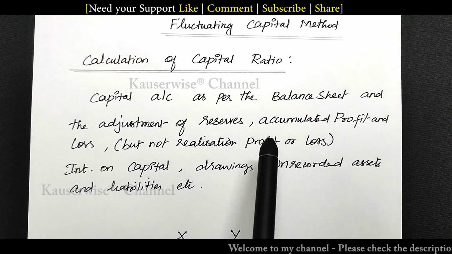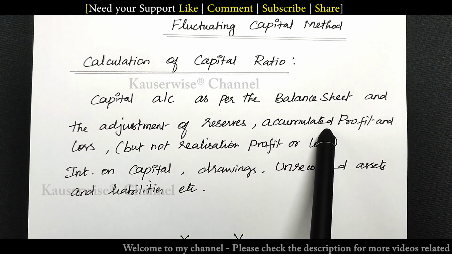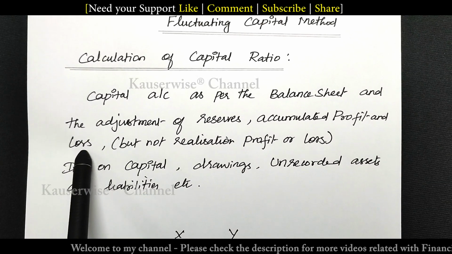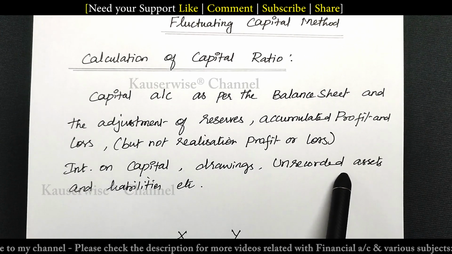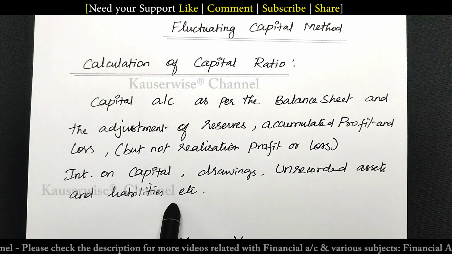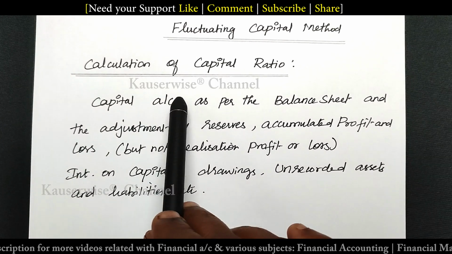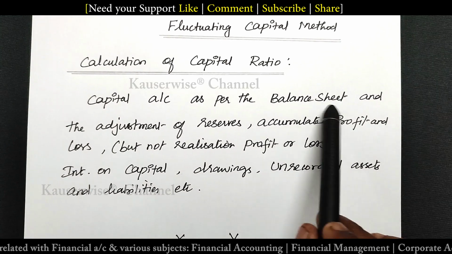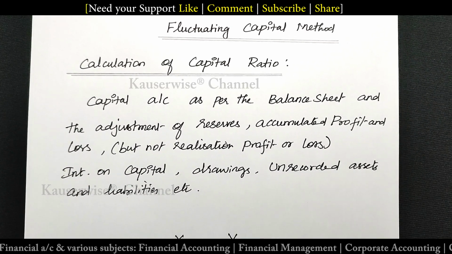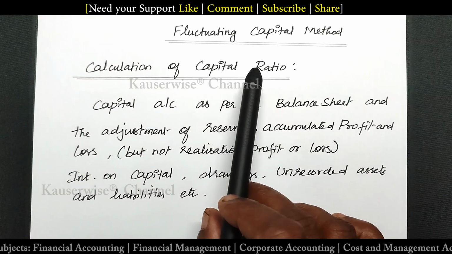Except this, we need to adjust any reserves, accumulated profits and losses, interest on capital, drawings, unrecorded assets and liabilities. These are the items we need to adjust with their capital account, either plus or minus accordingly. After adjusting all these, you will get one balancing figure, that is the adjusted capital.